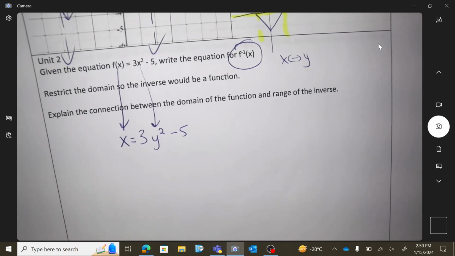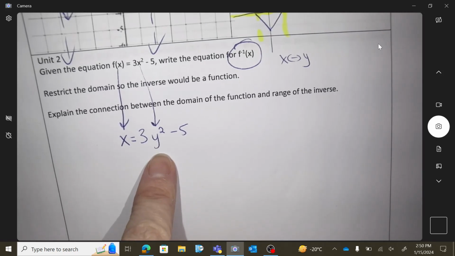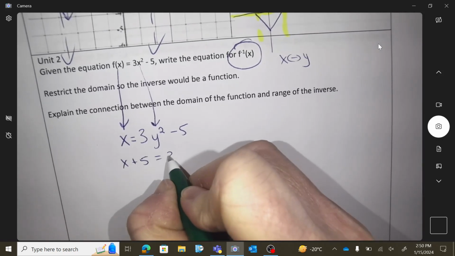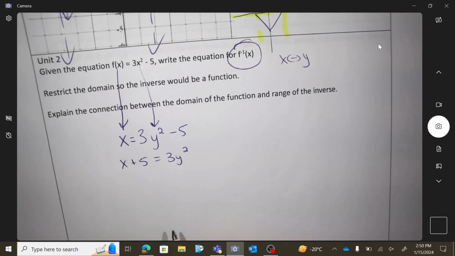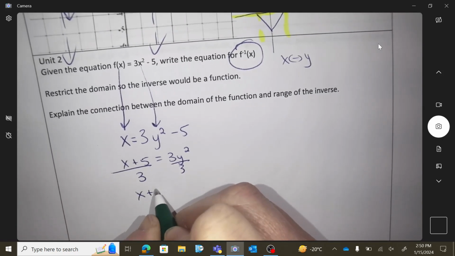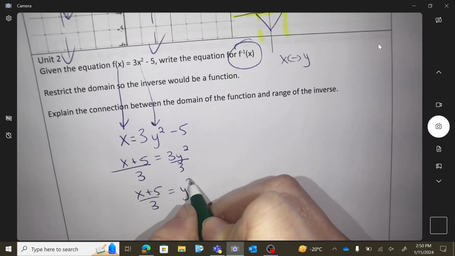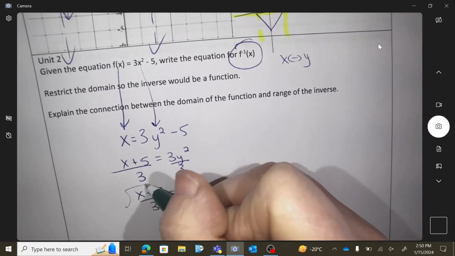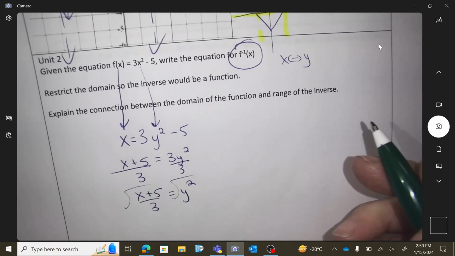So there's my switch. And now I need you to figure out how to get this y equals alone. So I would add 5, divide by 3, square root.